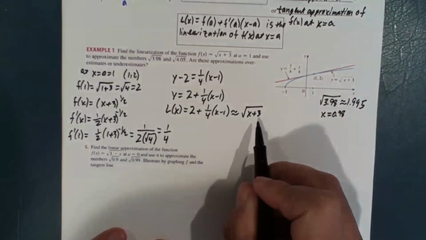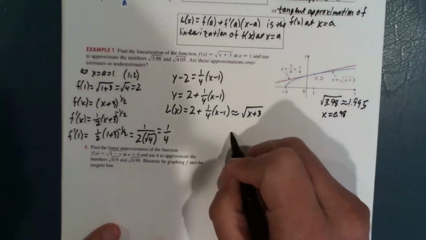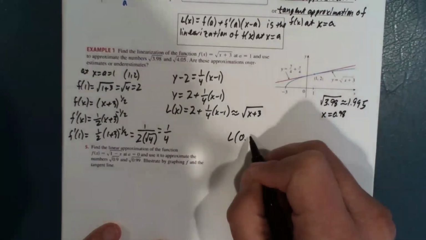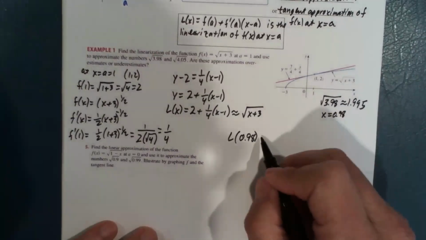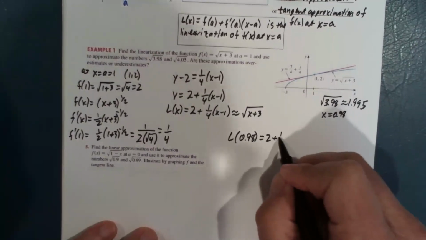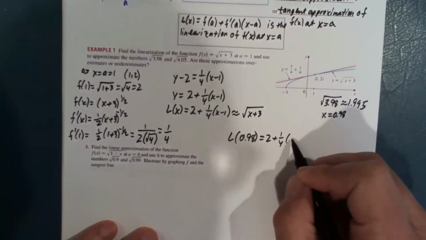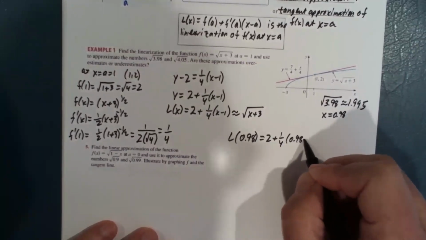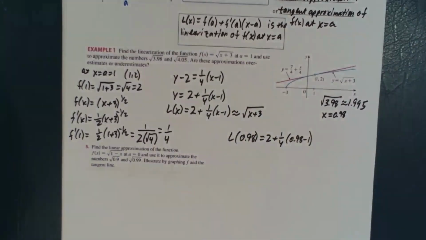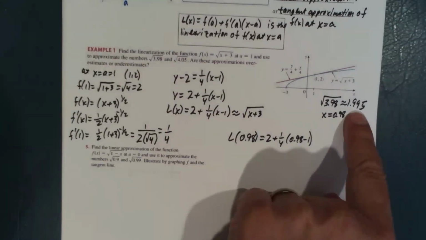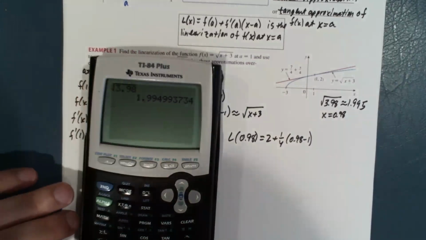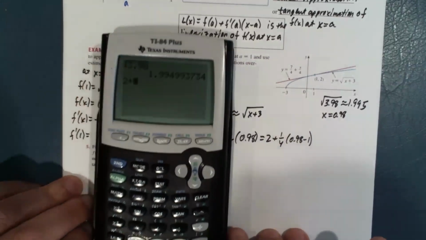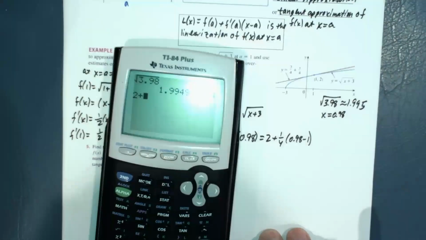So when I plug 0.98 into my linearization, I'm going to get 2 plus 1/4 of 0.98 minus 1. Let's see if we get something close to 1.995.